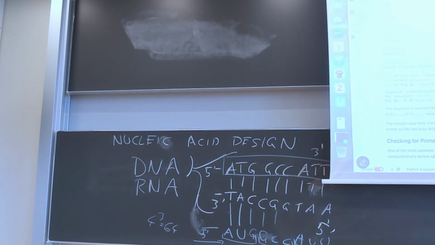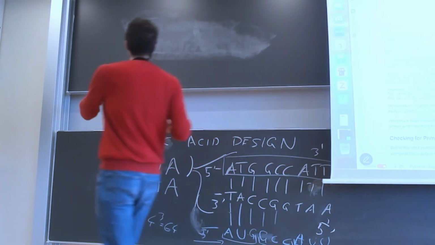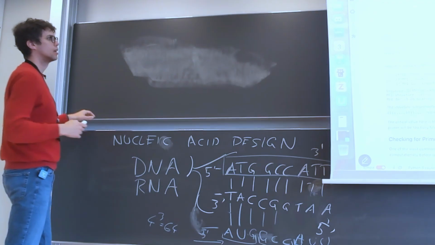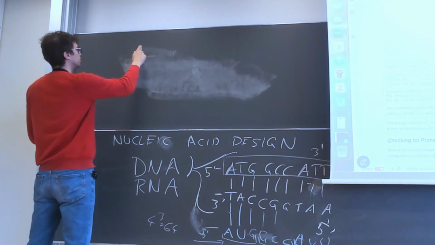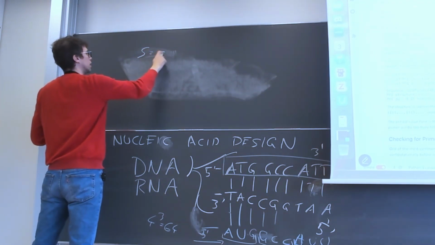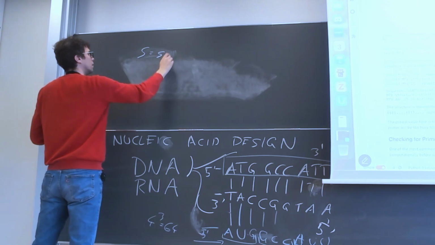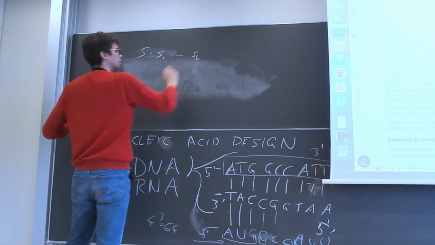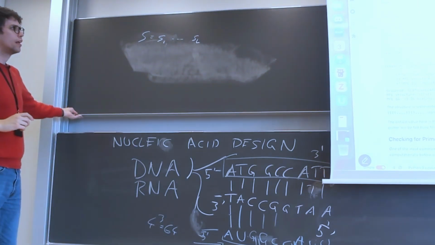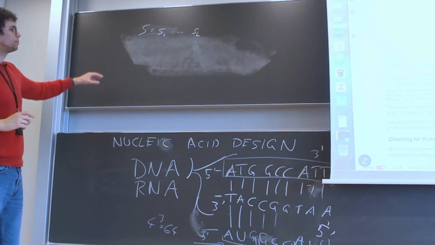Just to say two words about how these energies are calculated. So you have your sequence here. Let's say your sequence is S1 until SL, the length of the sequence.